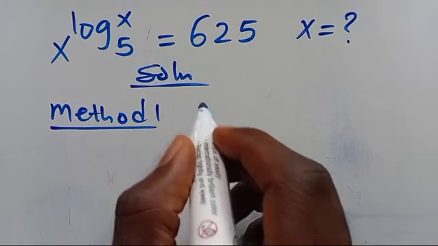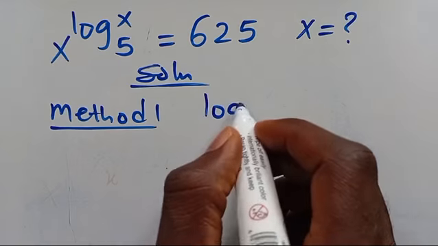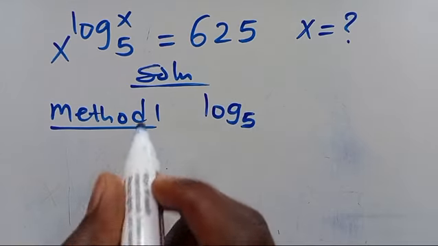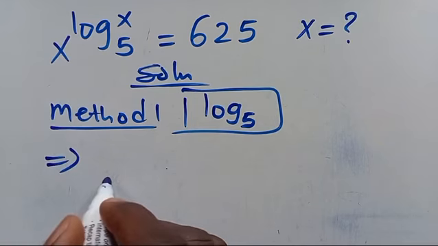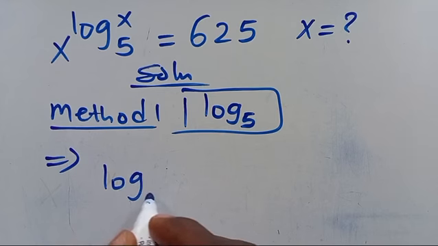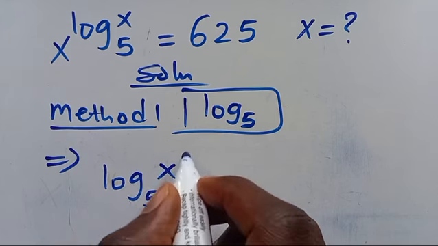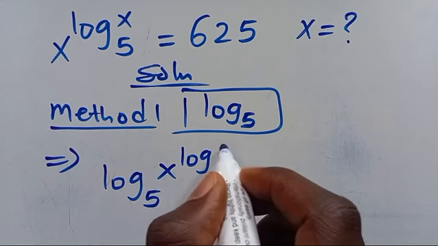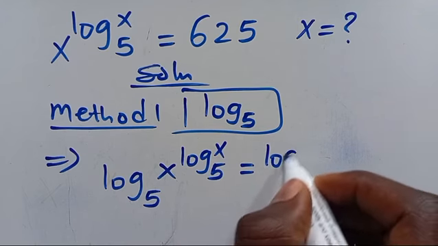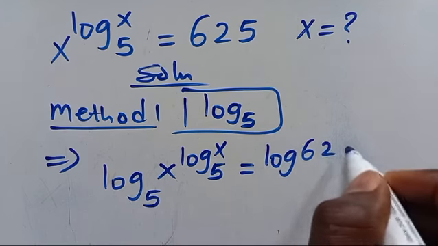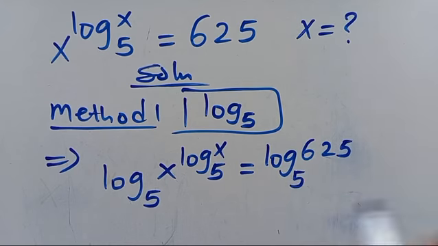From here, let's take log in base 5 of both sides of this expression. We are going to have log in base 5 of x to the power of log x in base 5 equals log 625, remember, it's in base 5.